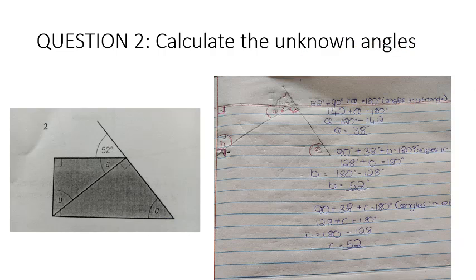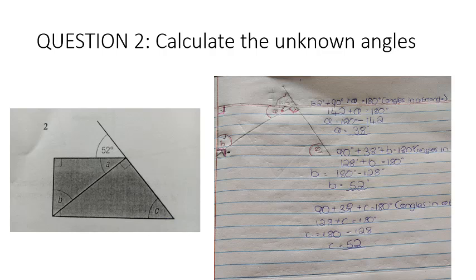So 52 plus 90, the answer is 142, plus A is equal to 180 degrees. So for us to find the value of A, we move 142 degrees to the right hand side, so it becomes 180 degrees minus 142 degrees, the answer will be 38 degrees. That is the size of angle A.